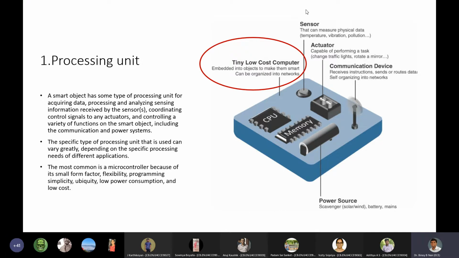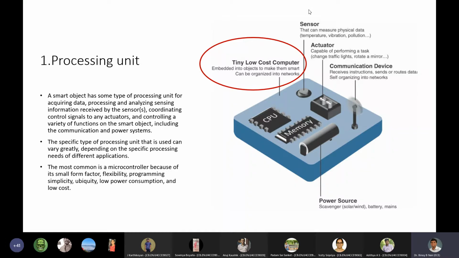Okay, and for processing, as we have seen on the screen that I am sharing now, you require a very limited amount of computing for the time being. But as more and more data needs to be processed, you will need more complex communication devices and more complex processing systems.